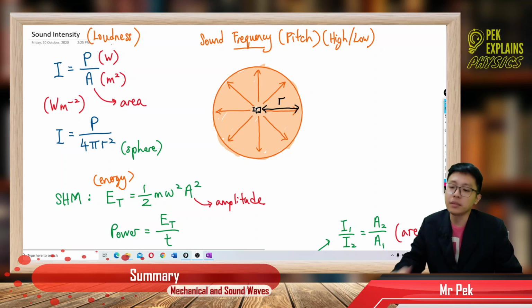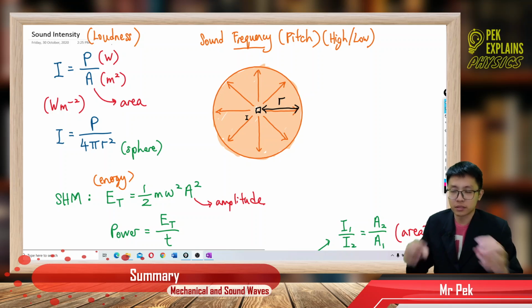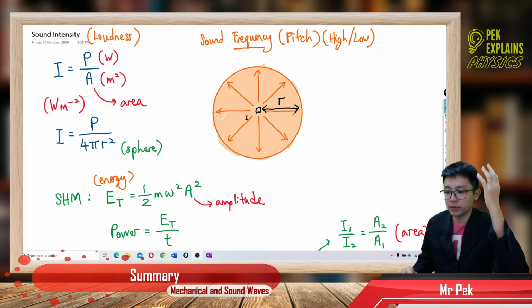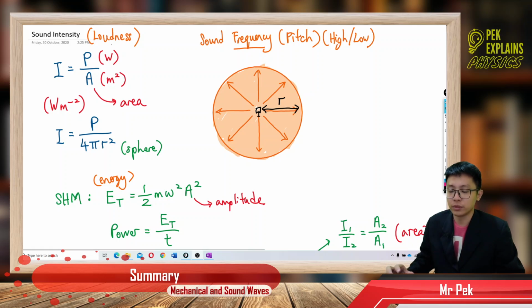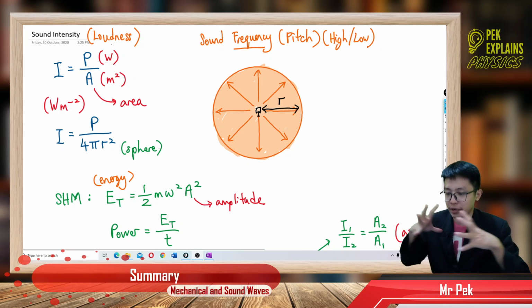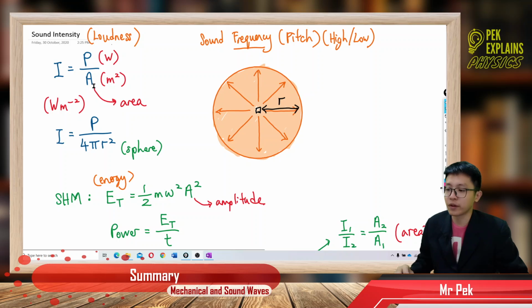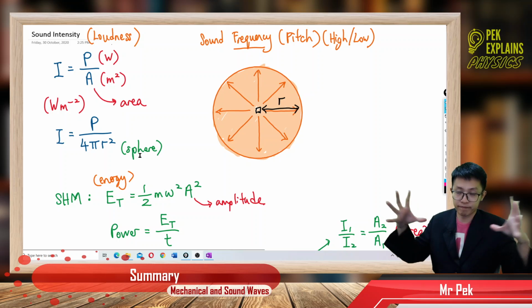We can imagine the sound actually travels in all directions. The sound travels to the front, to the back, upward, downward, left, and right. The sound travels in all directions, like 3D. So when the source emits the sound, it travels in all directions, so the area basically is a sphere.